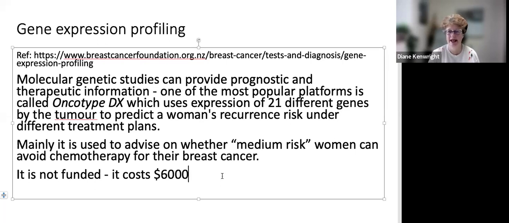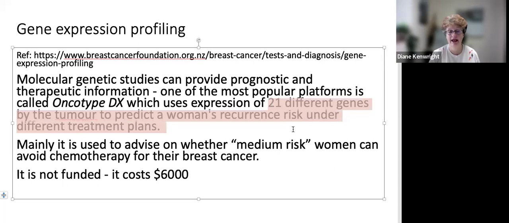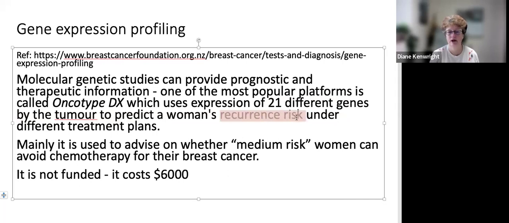So what happens is we send away tumor to Australia, and they characterize 21 different genes and give a recurrence risk. And if the recurrence risk is high, then these women get chemotherapy, and if it's low, then they don't.